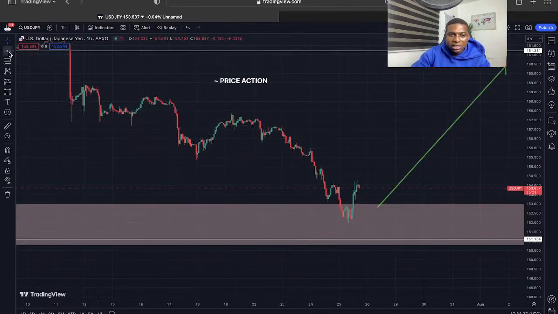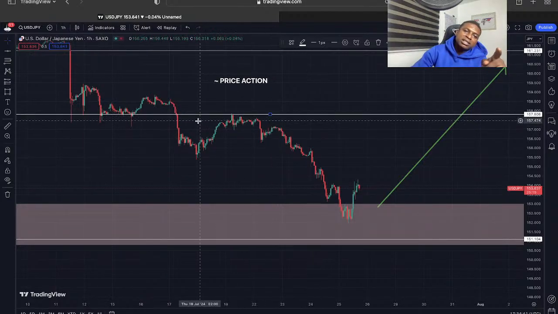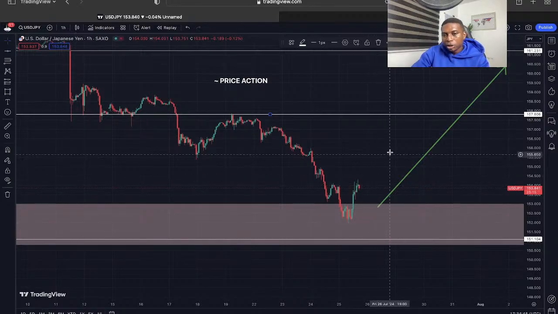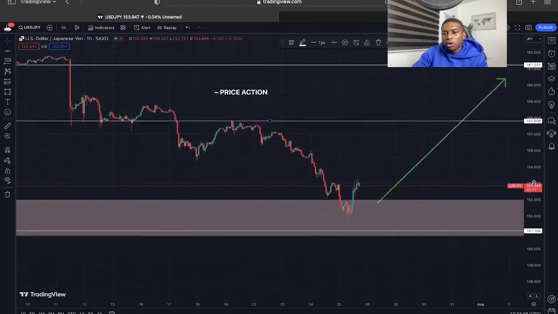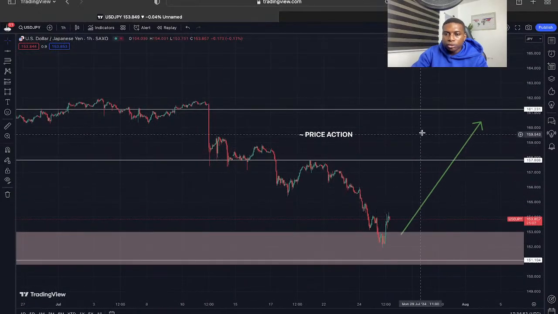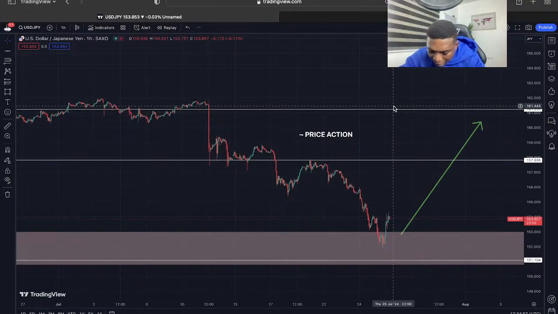When you look at this, this is a support and resistance zone here. So when you are buying, you want to target this place as your first level of take profit, prior to moving up. That's what I'm going to suggest.